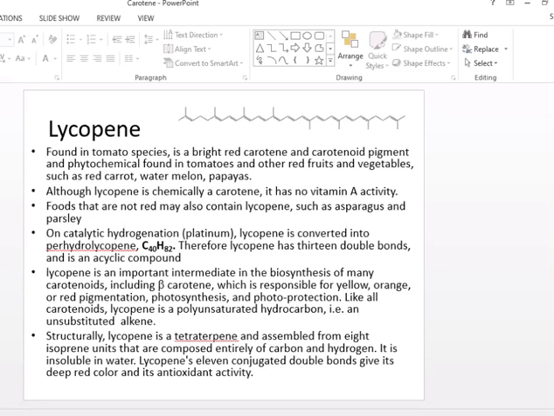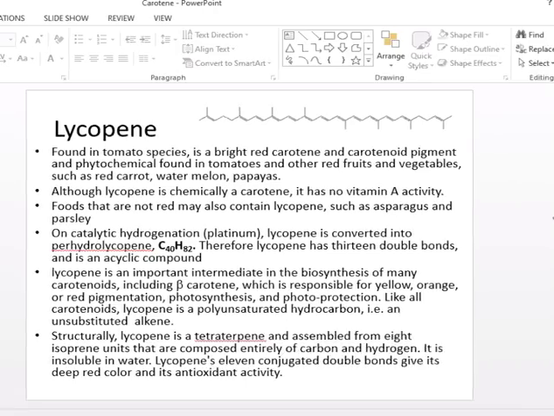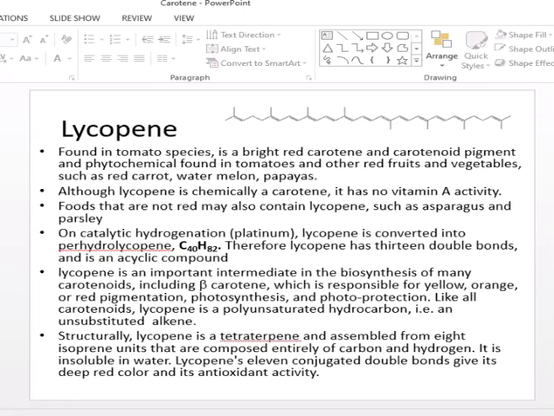Lycopene is another example. It is mainly found in tomato. So tomato is also good. It is a bright red carotene and carotenoid pigment and phytochemical found in tomatoes and other red fruits and vegetables such as red carrot, watermelon, papaya.